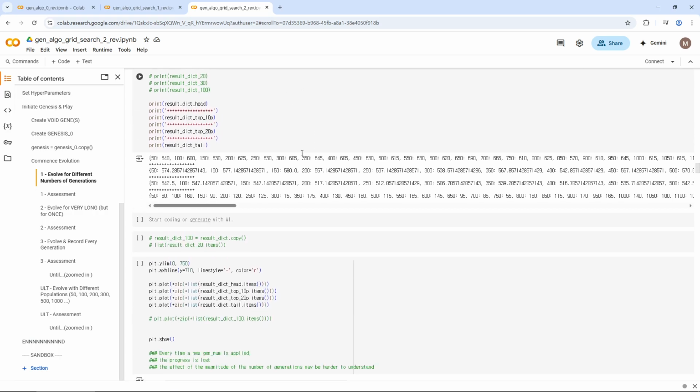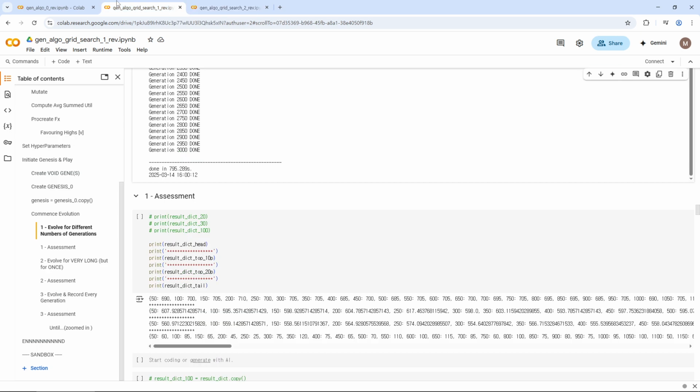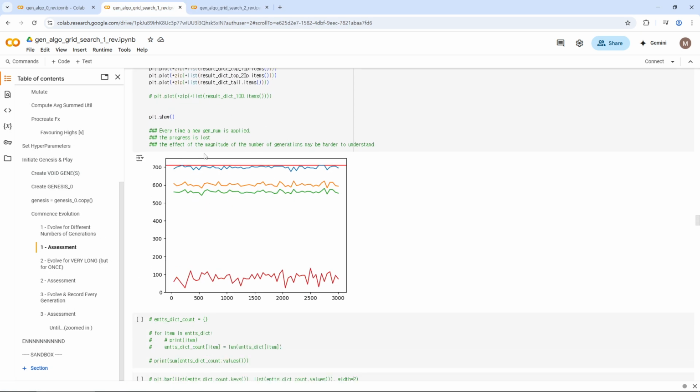Anyway, here's the plot. Same thing, nothing unusual there. Let's look at the previous one. See how they oscillate less if we have more entities, if the population is bigger.